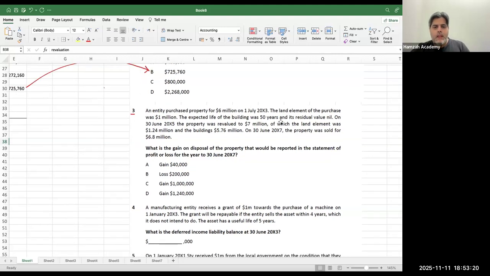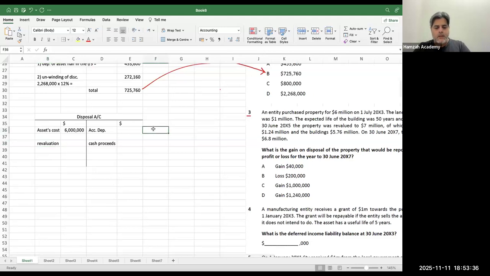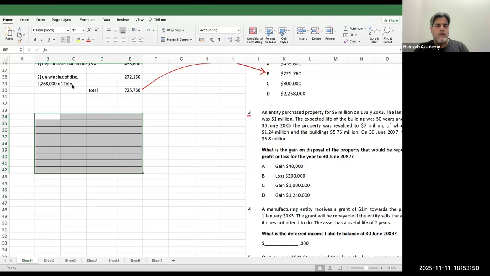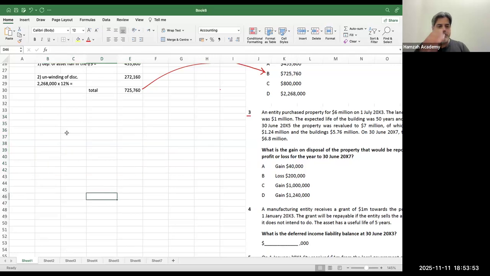So let's see now. We have the revaluation on 30th June 2025. So technically X4, X5, 2 years gone by. Wait a second. Rather than going like this, I can do one more thing. Look, we have land, we have building, we have total, right?